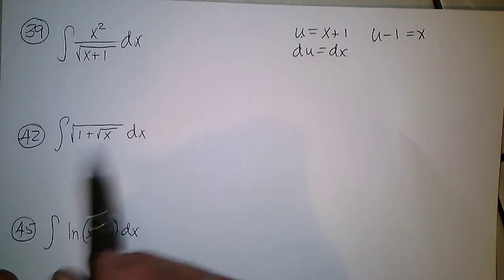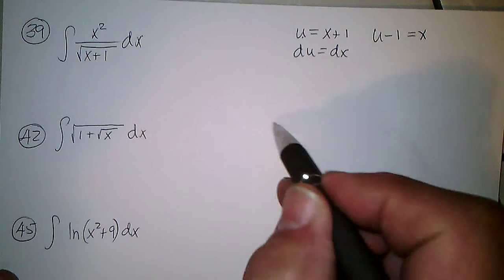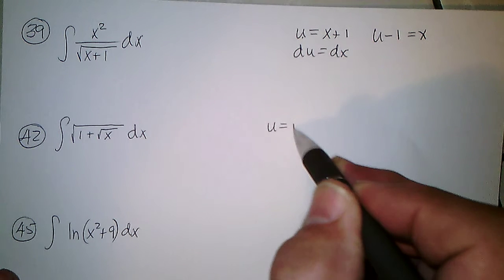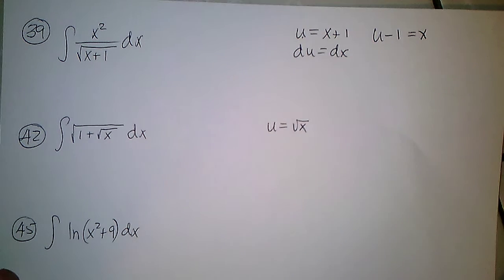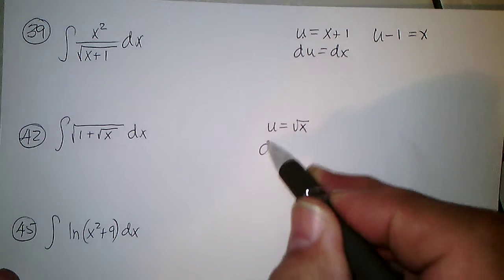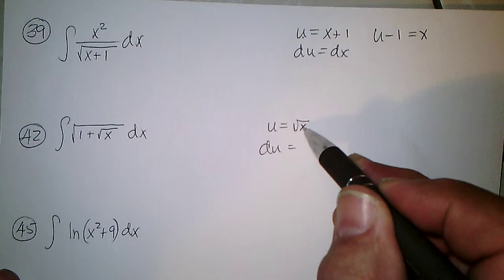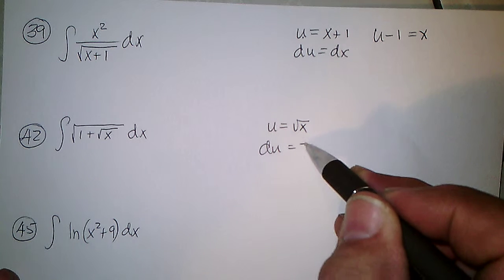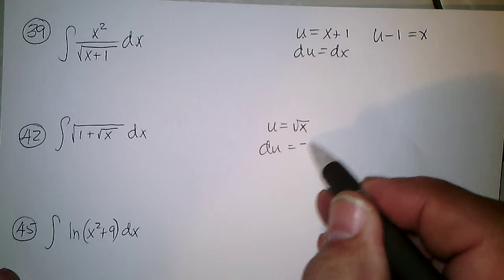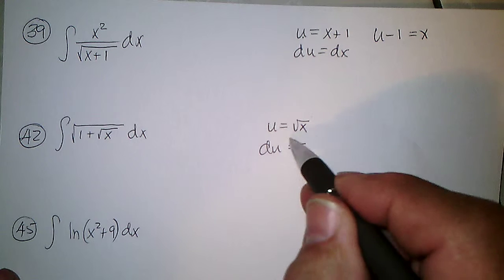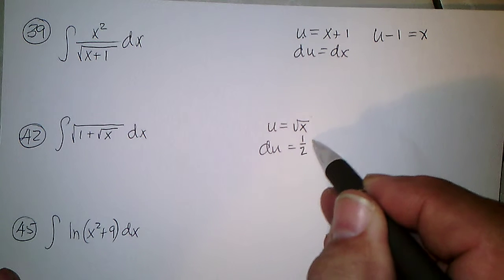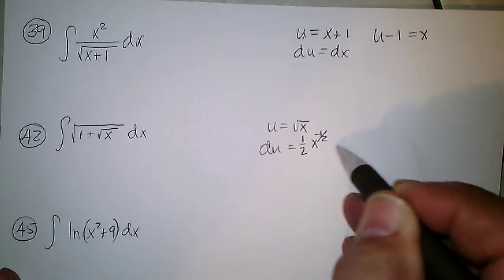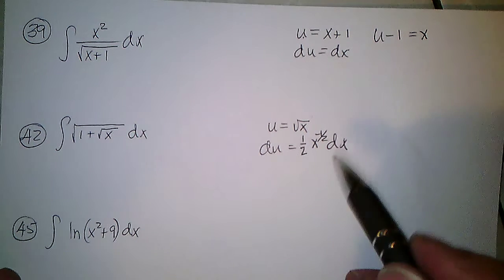On this one, the square root of x looks like wouldn't be very nice in there, so I probably let u equal the square root of x. Du would be, see, that's x to the 1/2, so it'd be 1/2 x to the minus 1/2 dx.